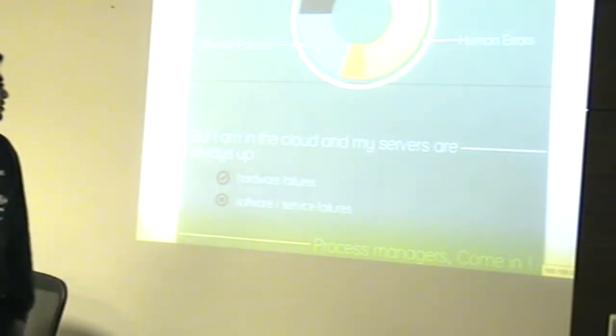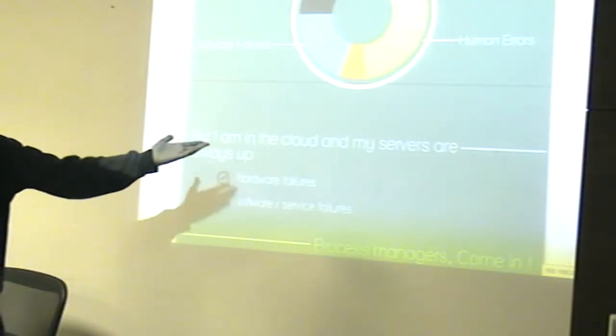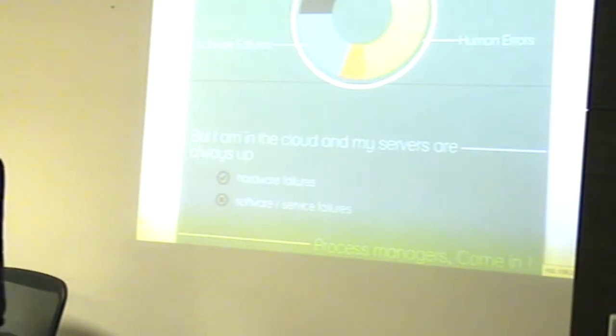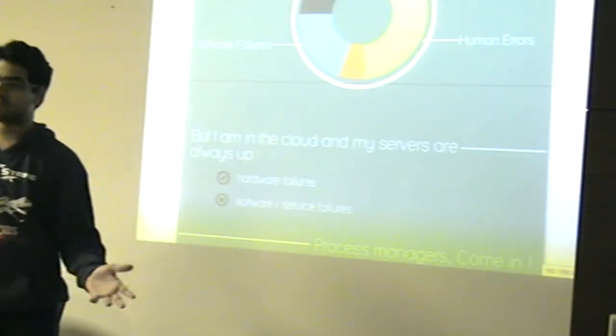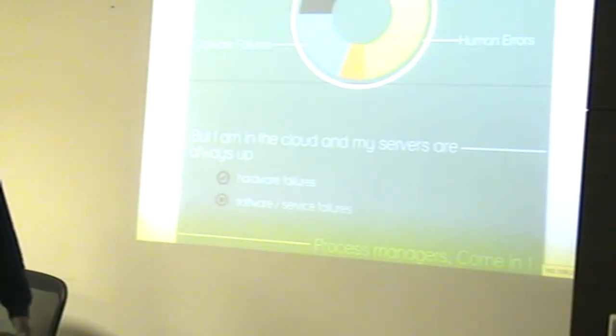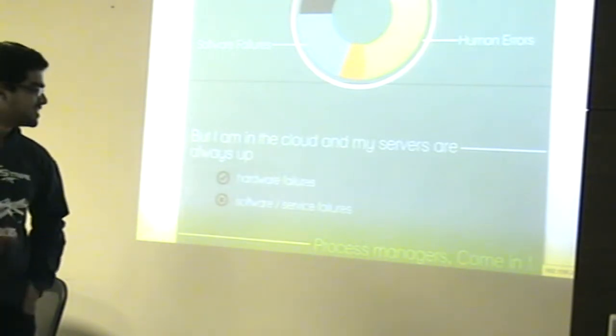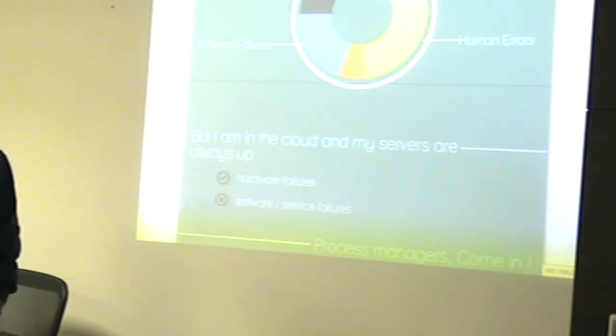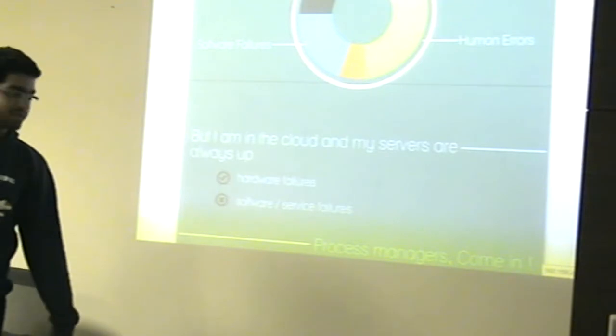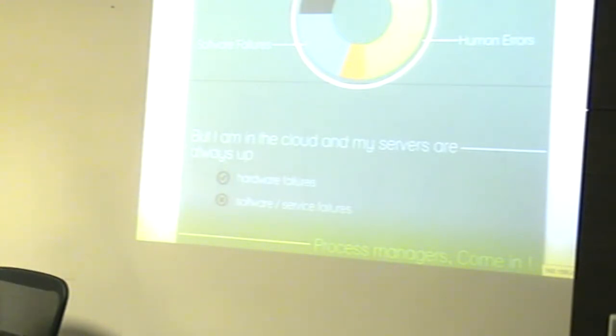Some of you might argue that I am in the cloud and my servers are always up. I have VMs, I can spin them up anytime I want, containers and all those things. I agree, you have taken care of hardware failures. But what about software failures? Say you are running an app.